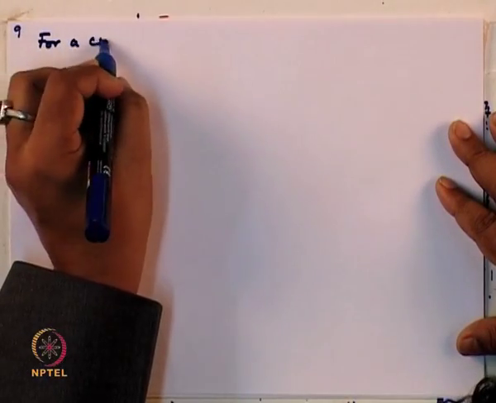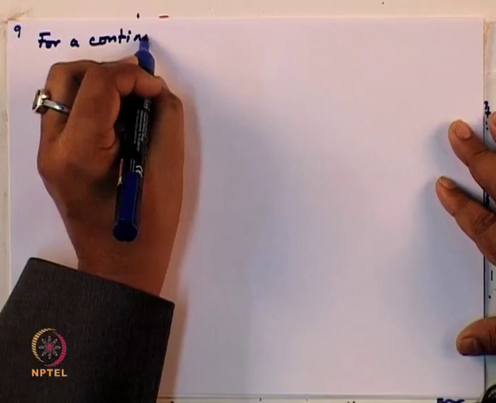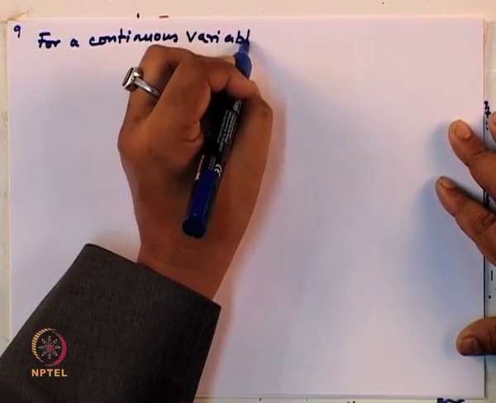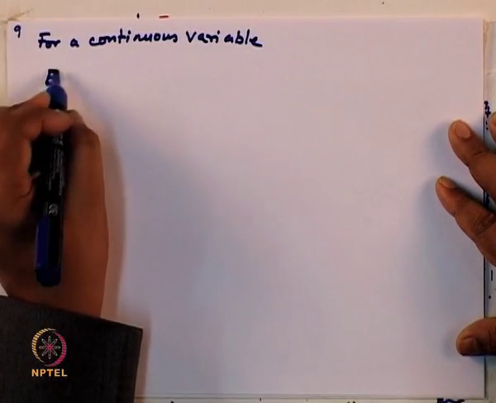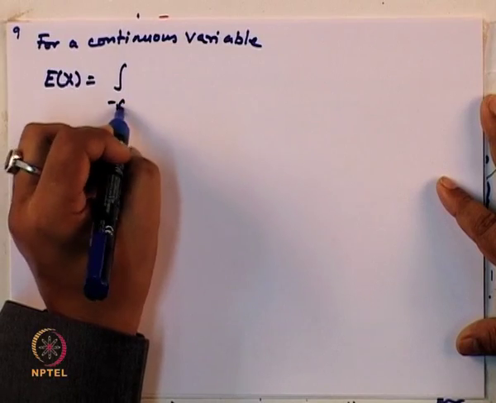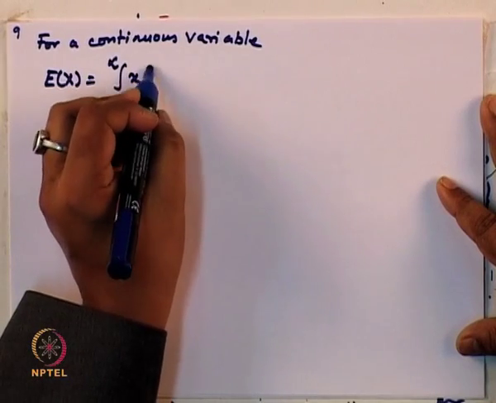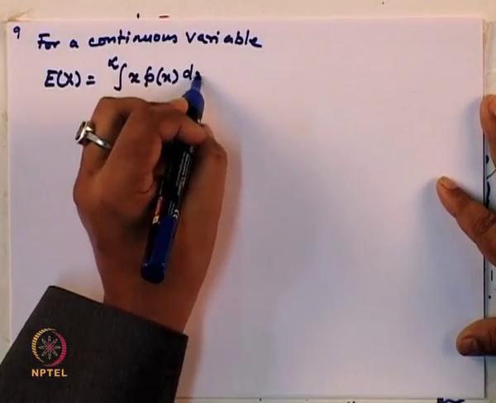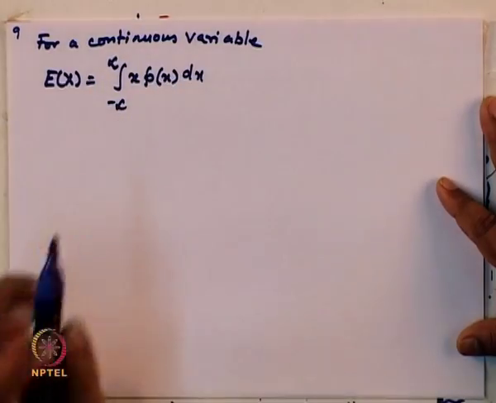So, for a continuous variable, your expectation is given by the integral of x p x dx.